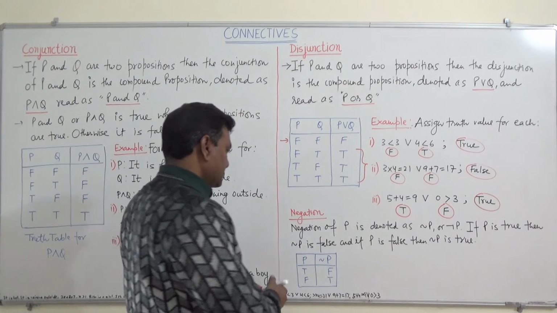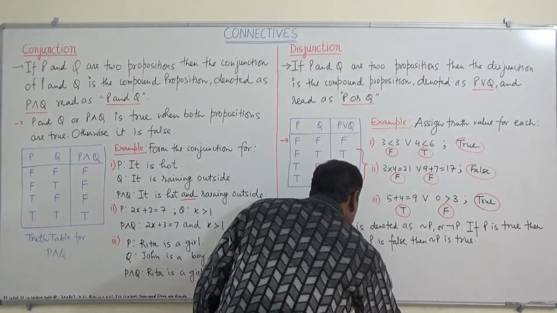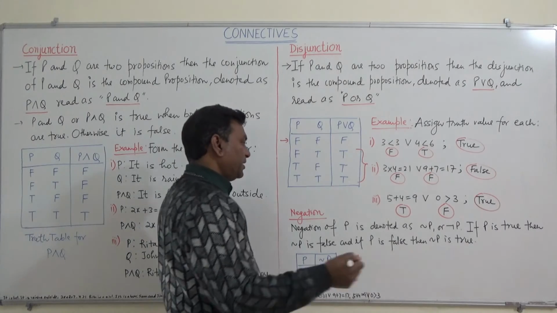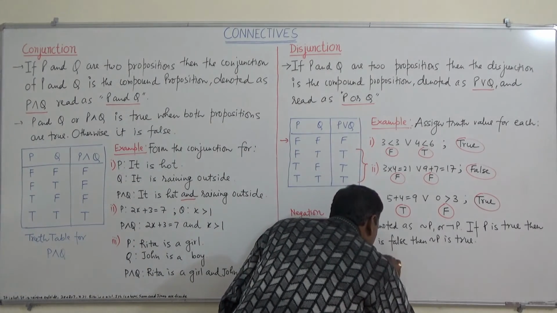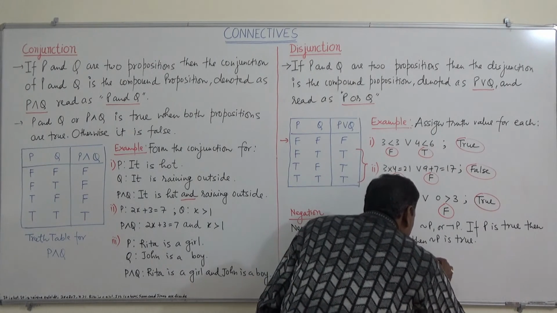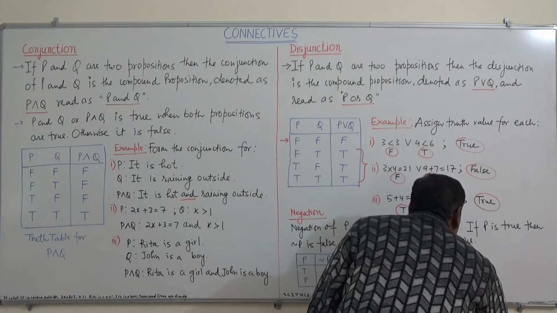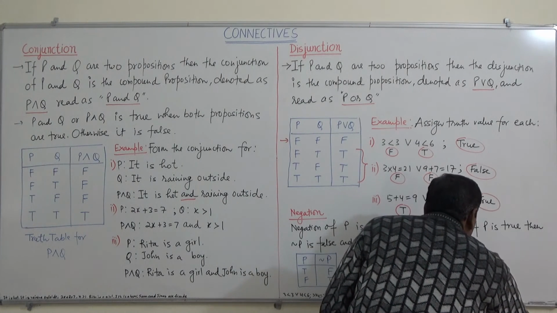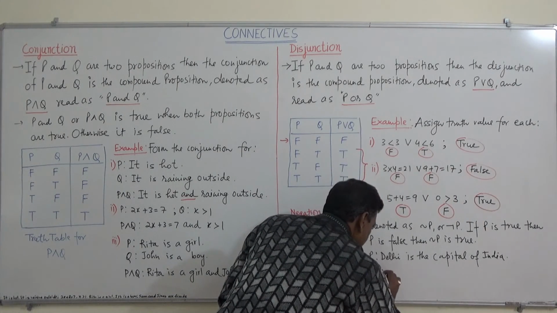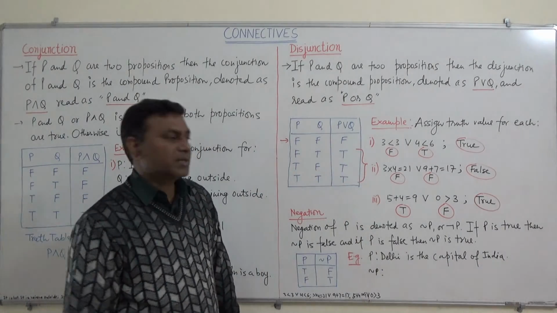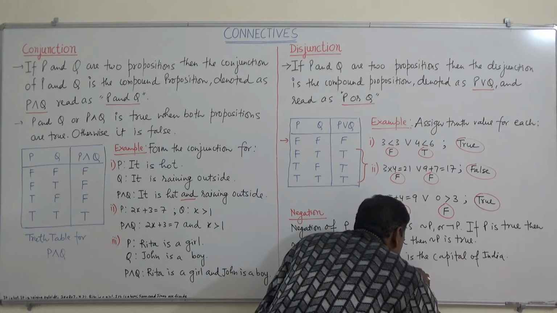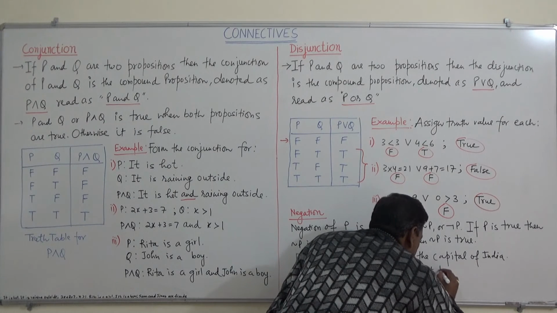Now we can take any example. For example, Delhi is the capital of India. Suppose P denotes Delhi is the capital of India, then negation P will be Delhi is not the capital of India.